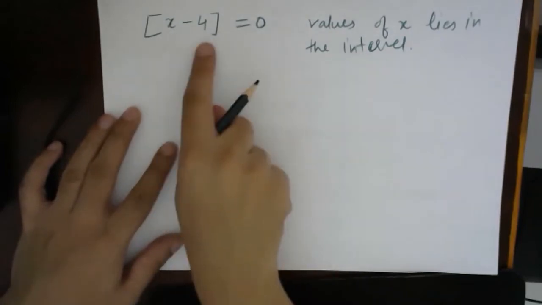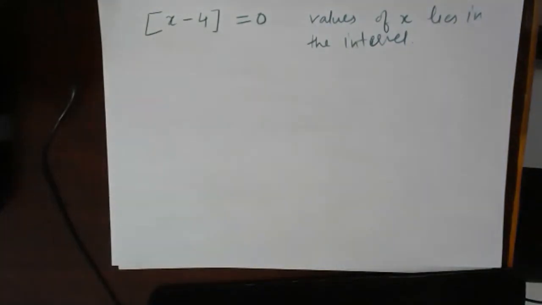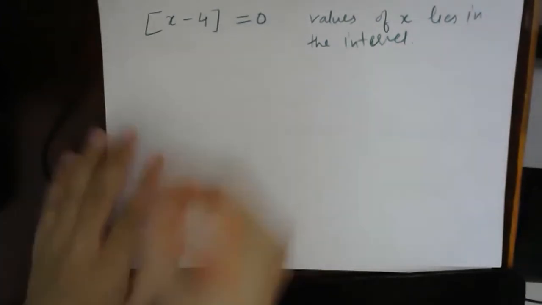Then tell me, the values of x will lie in which interval? Write the brackets also, I want to see the brackets. You are giving answer 4 to 5. So which one is in close bracket? Which one is in open bracket? Yes, very good, correct. Most of you are giving the correct answer.